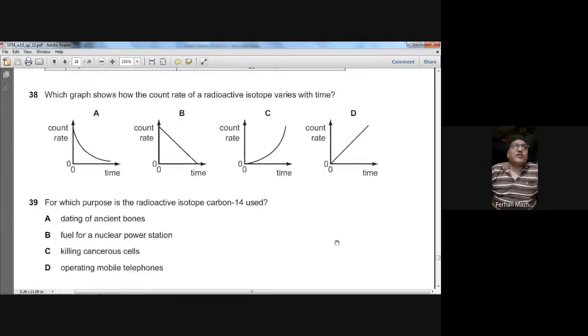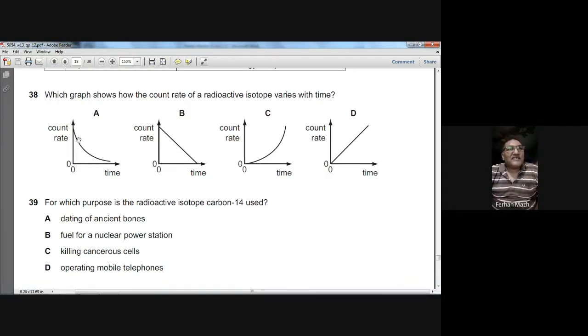Okay, on your screen, you can see question number 38. Which graph shows how the count rate of a radioactive isotope changes with time? If you have seen the graphs of half-life, you should remember that the graphs are like this.